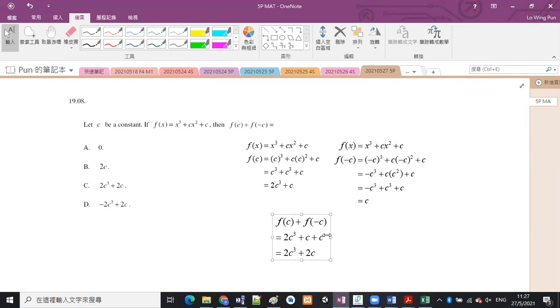有幾題啊？應該係咪啦？幫我揾翻，幫我圈翻呢一種題目嚟嘅，即係 function 嘅題目 fx。Sorry, 18.7. Yes, yes.